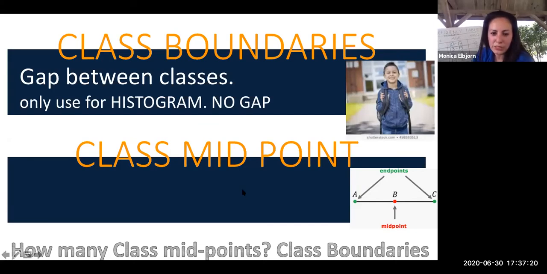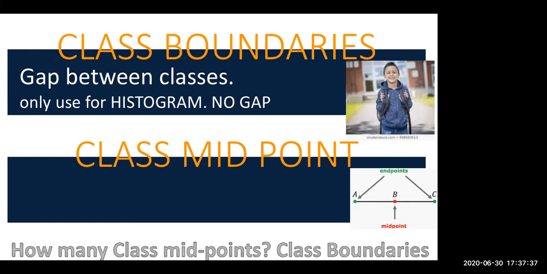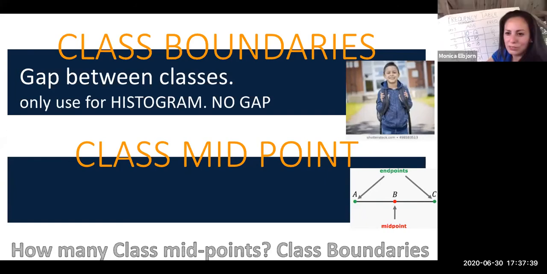So class midpoint. Well, what do you think is a class midpoint? We're talking about classes. This is a class. This is a class. What do you think will be the midpoint for a class? Yeah, the midpoint of class 1 is 11.